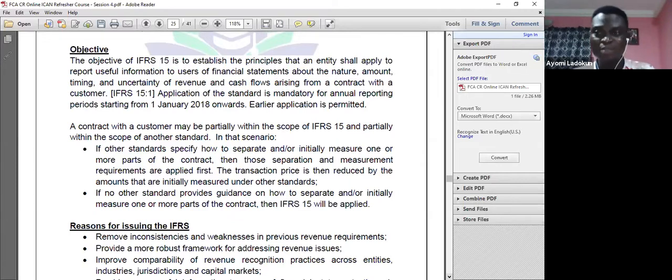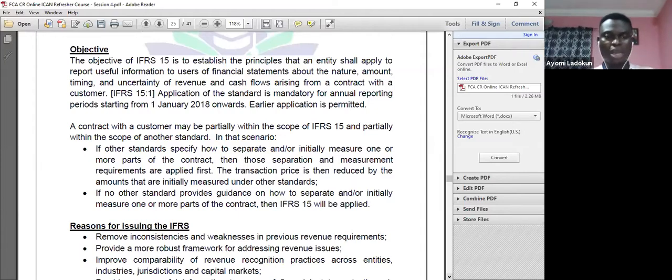And if you ask me what's the most important item of the financial statement, that is what they call revenue. That's why it's quite important that we learn the standard.